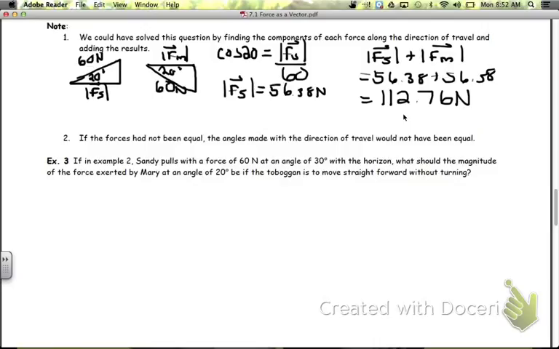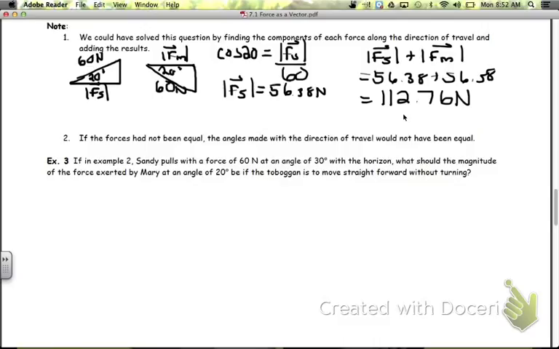So now in example 3, if in example 2 Sandy pulls with a force of 60 newtons at an angle of 30 degrees with the horizontal, what should the magnitude of the force exerted by Mary at an angle of 20 degrees be if the toboggan is to move straight forward without turning?